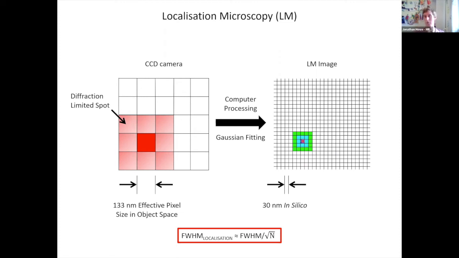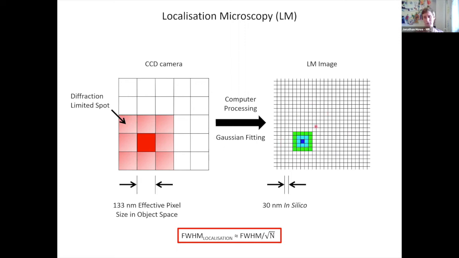Now, how you represent that in the LM image is kind of up to you. Sometimes people will just use a cross, so the centroid position. But what's often done is the localization precision is factored into the appearance of the image. So what often is used is a Gaussian blob in the localization microscopy image.